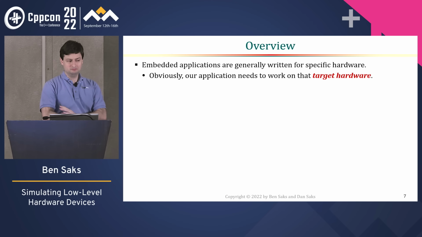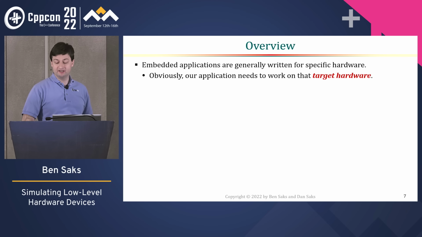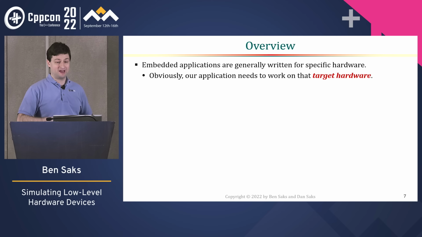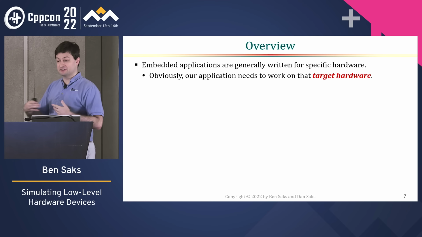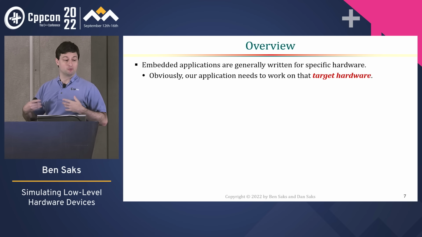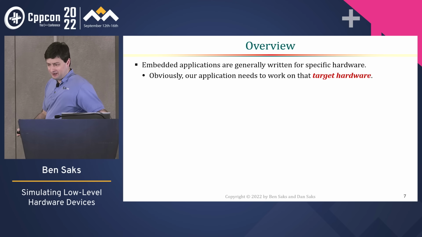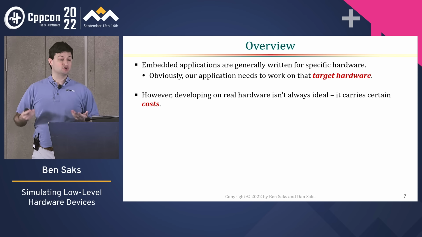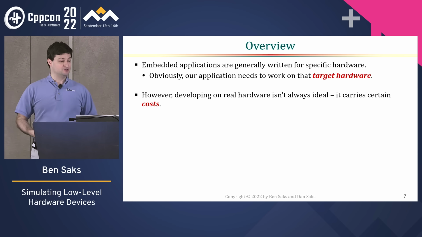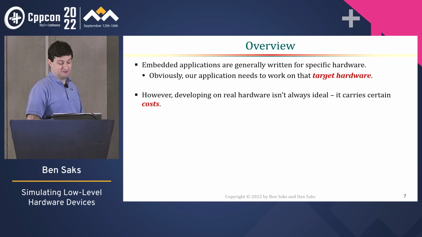Okay, so generally speaking, when we are writing embedded applications, we have some target hardware in mind. And obviously, the code we're writing needs to work on that hardware. But developing for the real hardware isn't always easy to do. There are costs involved in that.